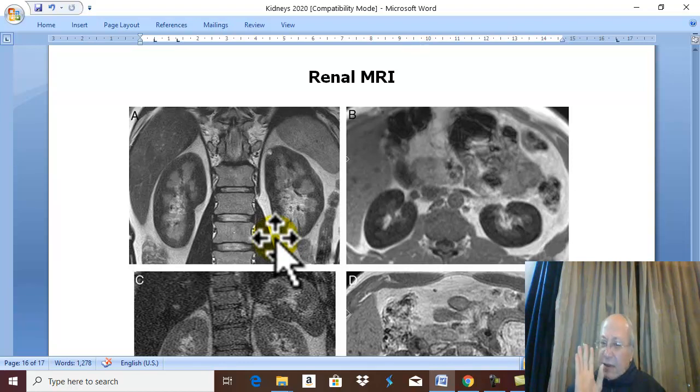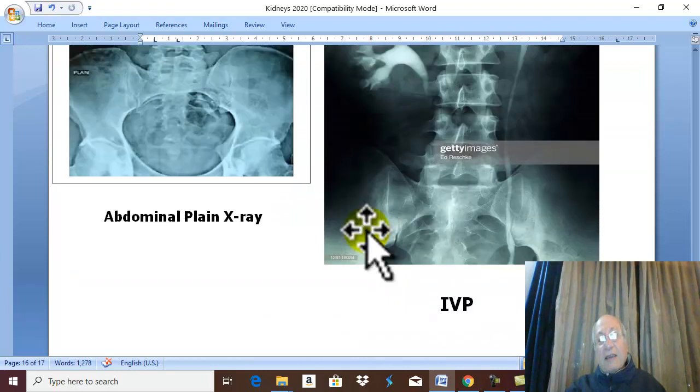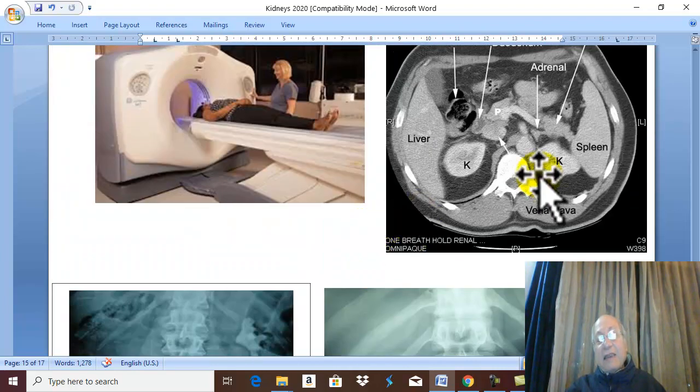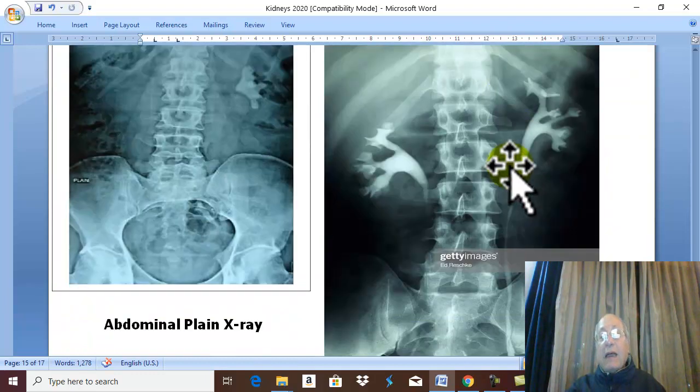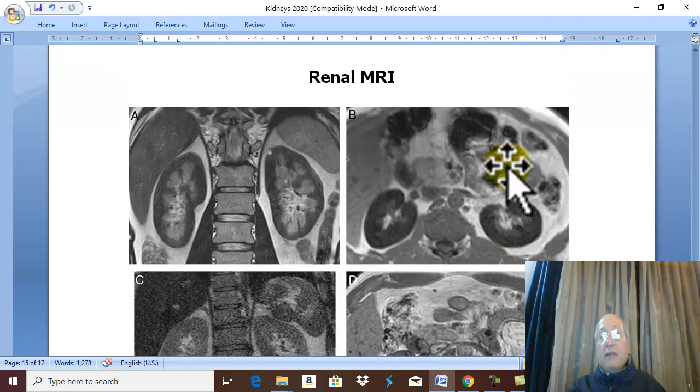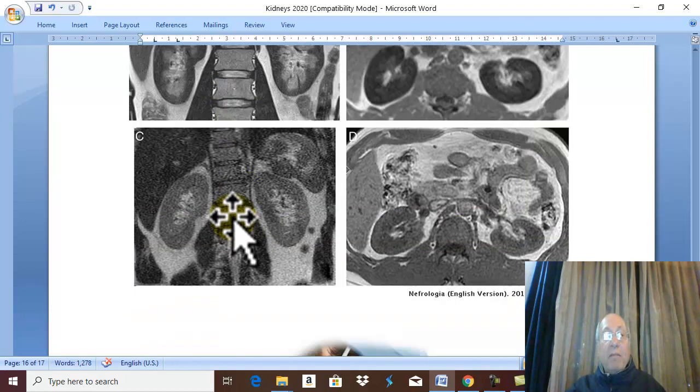In most cases, in CT scan the bone appears white. This is the vertebrae and this is the ribs. The bone in CT scan appears white. But in MRI, the vertebrae here appear black.